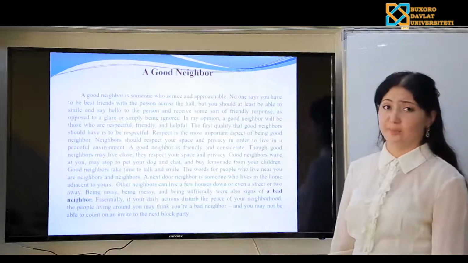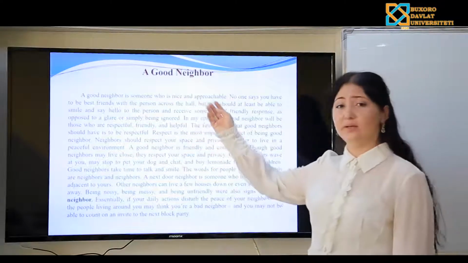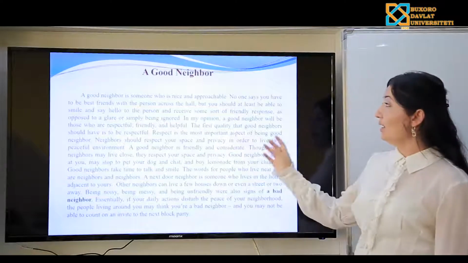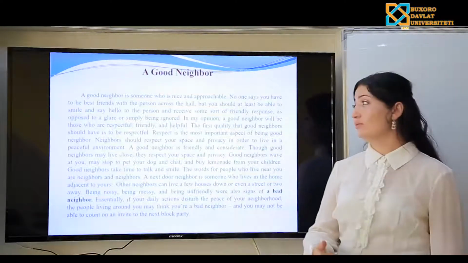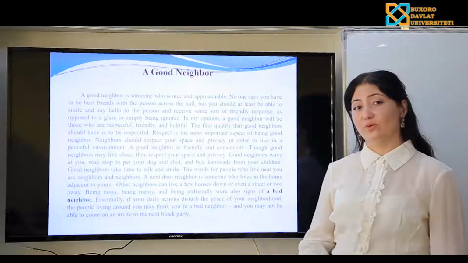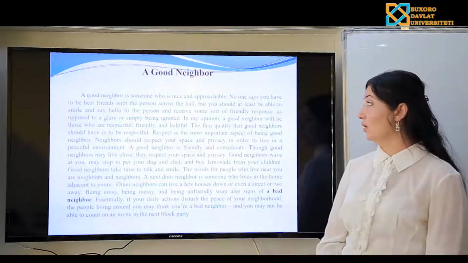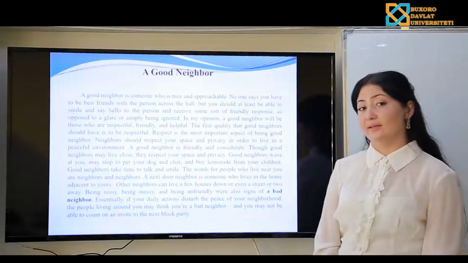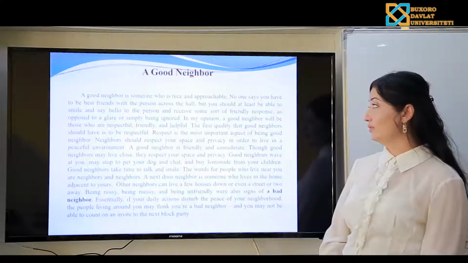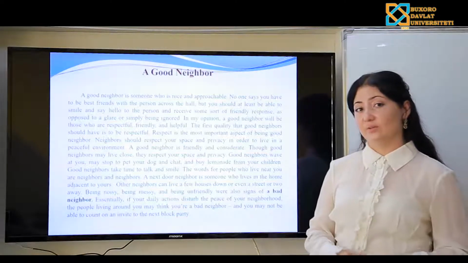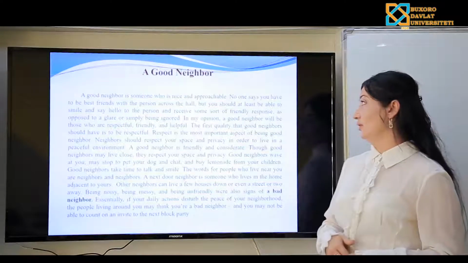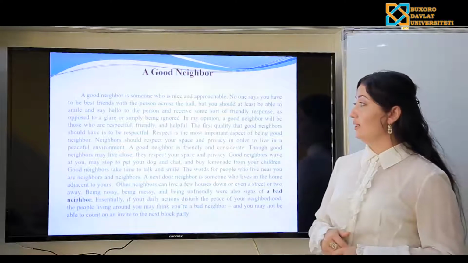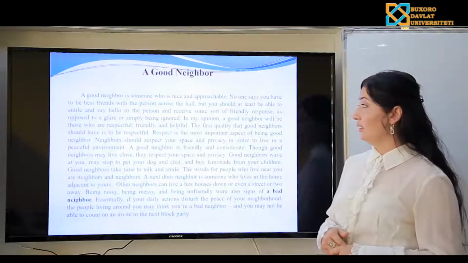Who is a good neighbor? A good neighbor is someone who is nice and approachable. No one says you have to be best friends with the person, but you should at least be able to smile and say hello to the person and receive some friendly response, as opposed to a glare or simply being ignored.